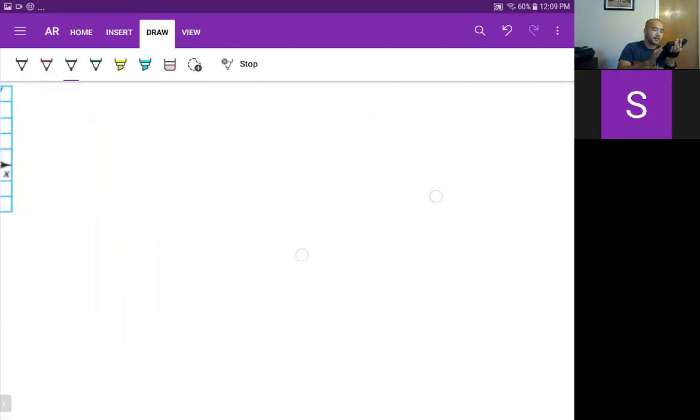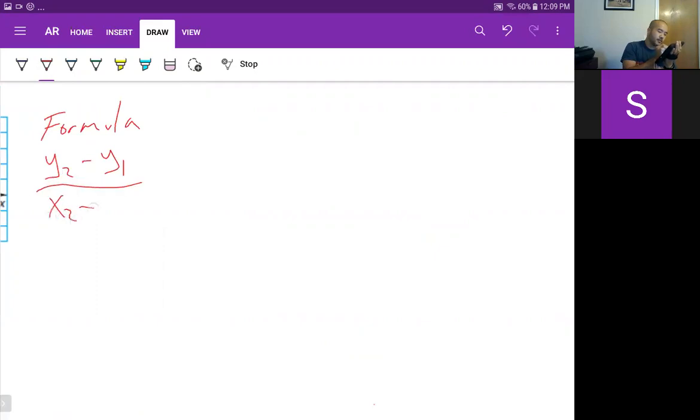So there's 2 ways you can do these. You can do the formula. So the formula is y2 minus y1 over x2 minus x1. It's the formula.